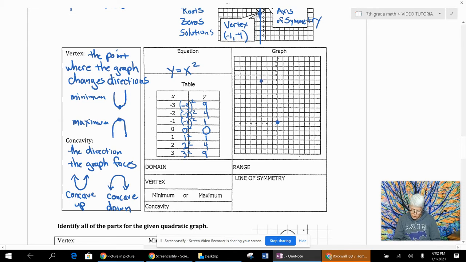And then -2, 1, 2, and then a +4. -1, +1. Now watch these points on the other side. They're all going to mirror. You don't even have to really graph them. They're all going to be mirror images of each other. Okay, so here is my parabola.